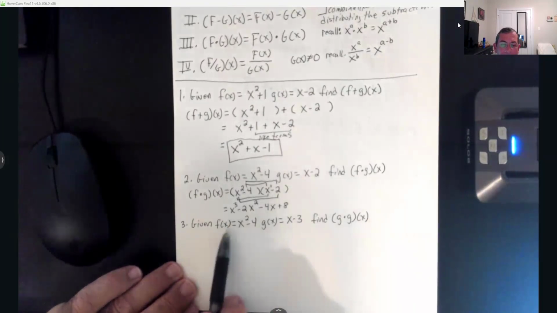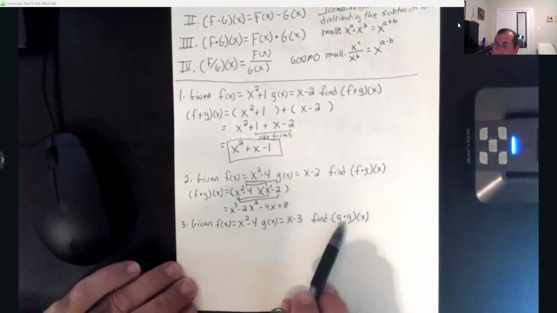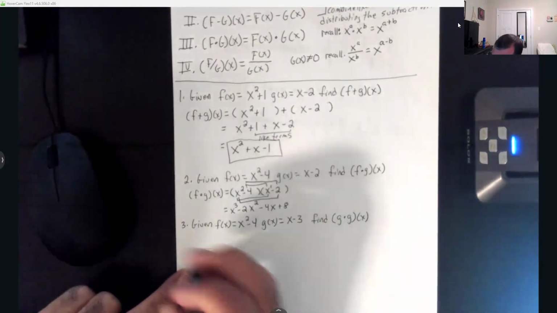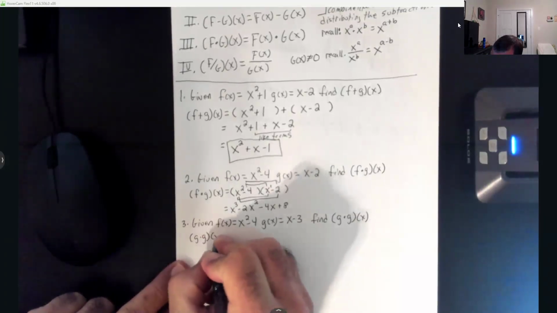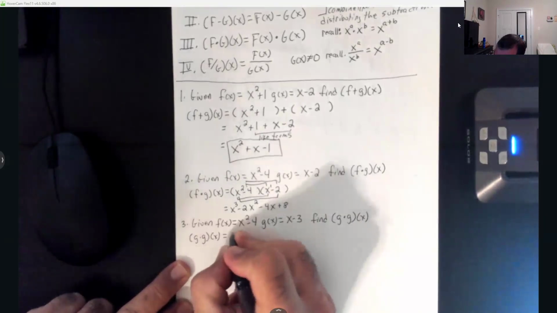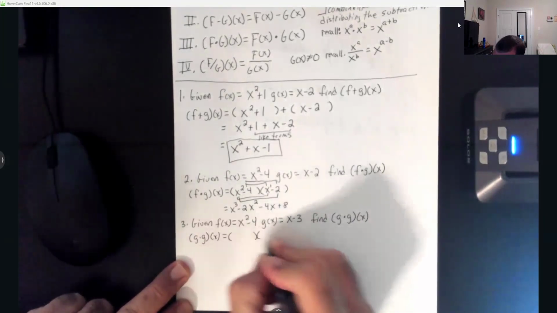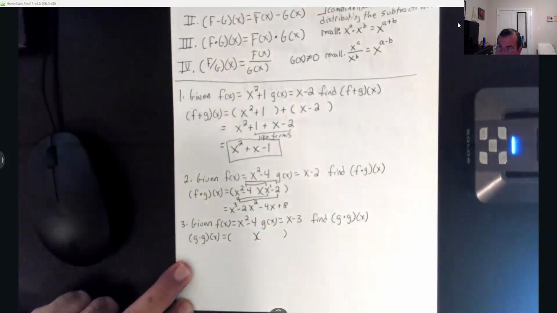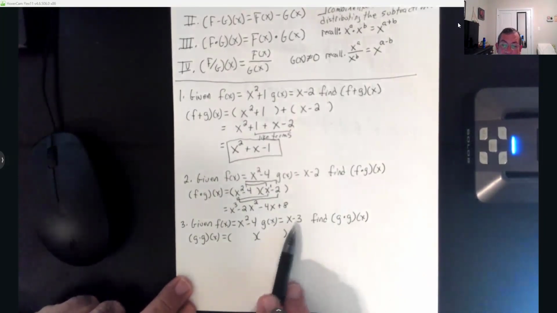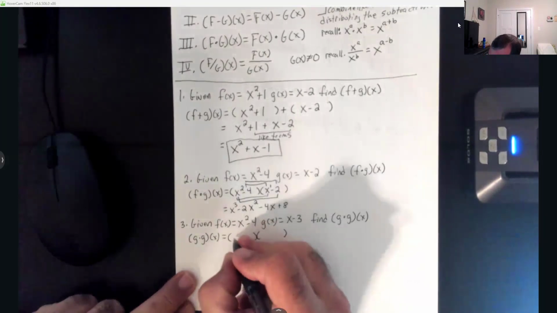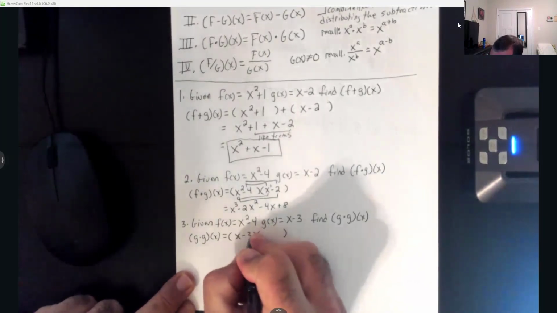So they gave me f of x and I'm not even using f of x. They want g times g of x, which will equal my g times my g. So g was x minus 3, so we're putting x minus 3 into both of these parentheses.